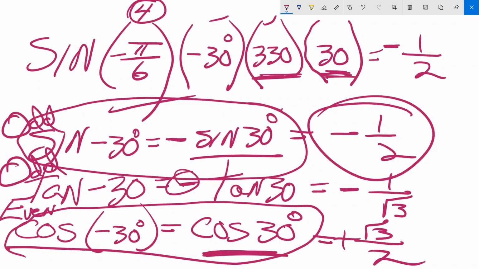If I gave you the sine of minus 120, there's one extra step. You can still say that that's minus the sine of 120, but then you have to work with sine of 120, which means you take it back to a 60 degree angle, root 3 over 2. We know that we're in the third quadrant, so it's got to be negative.